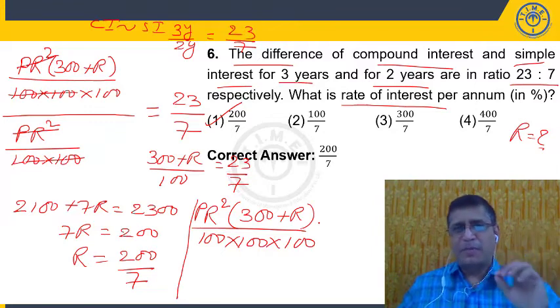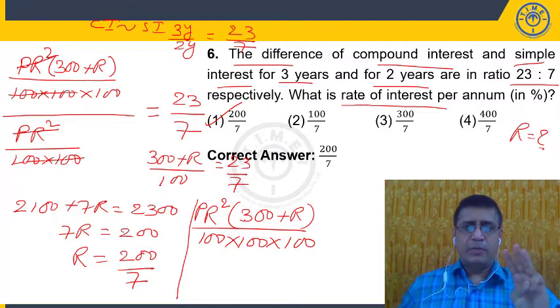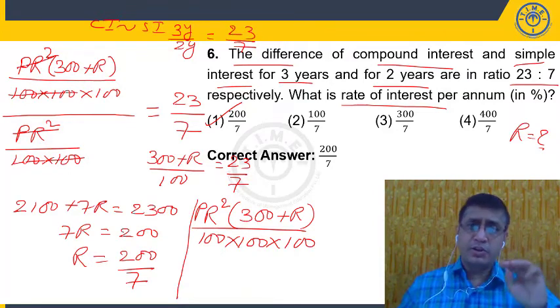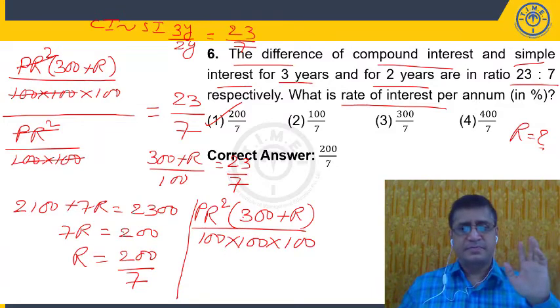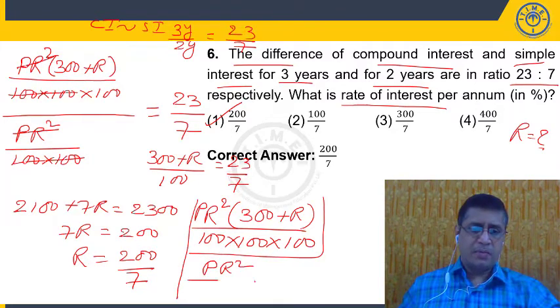Please note down this formula. This formula is applicable only for 3 years. It is used to find the difference between the simple interest and compound interest over a period of 3 years. For 2 years, it is PR square by 100 into 100.